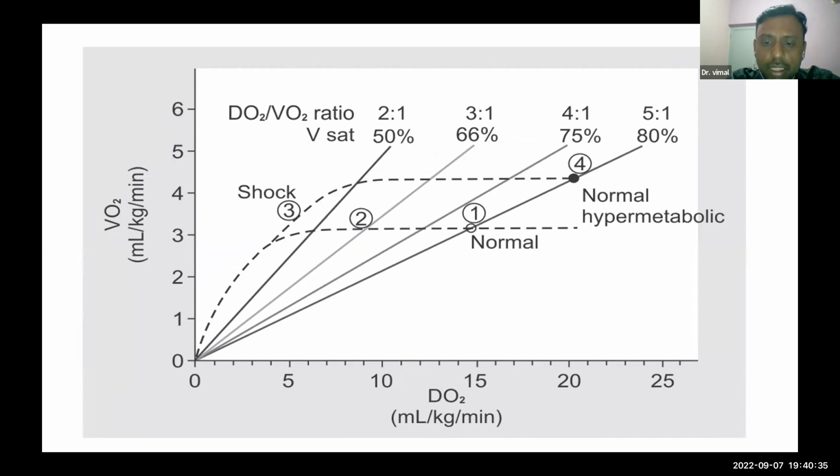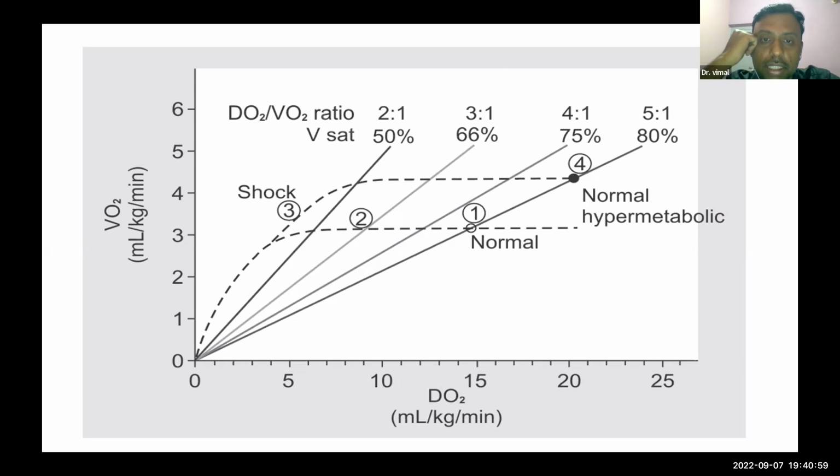But because of any disease pathology like sepsis or hypermetabolic state, when the oxygen consumption increases, and because of other factors, when the oxygen delivery also starts coming down, the ratio of 2:1, I repeat, the ratio of 2:1 is an important figure to be taken notice of.